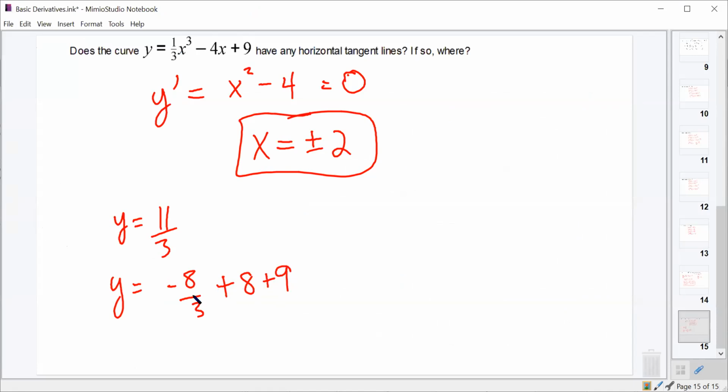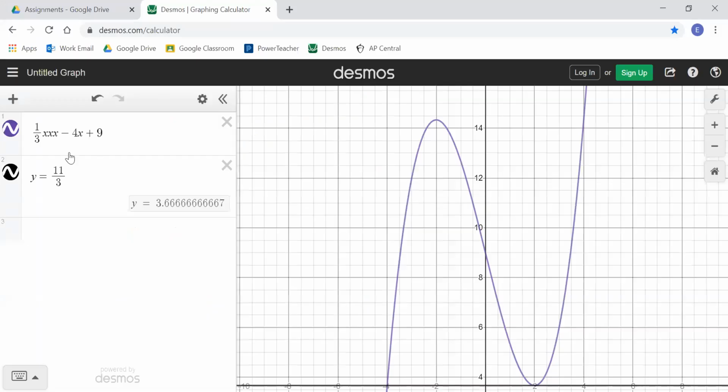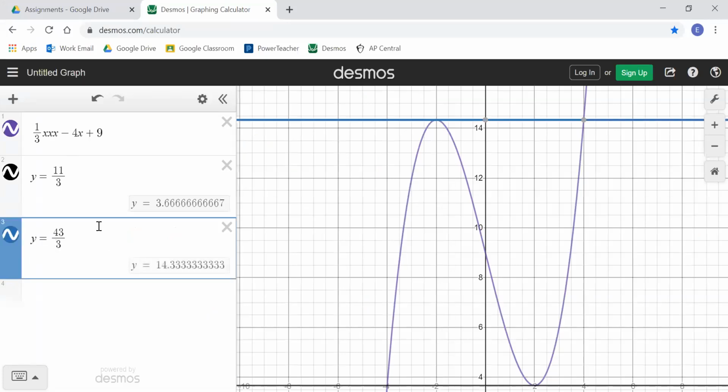So that should have been 17 minus 8/3, which, what does that come out to be? 43/3? Does that sound right? Yeah. You know what, so let's go in here. Sit up and pay attention. So 43/3 looks like that's where it touches our function.